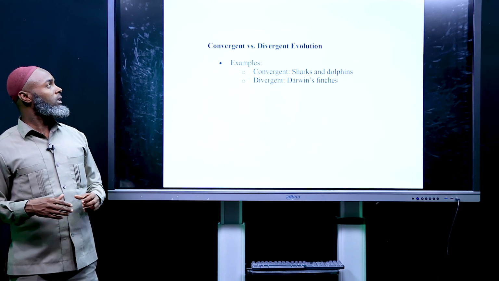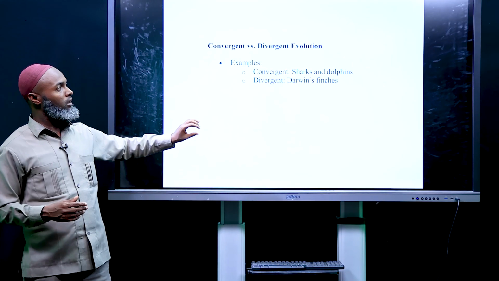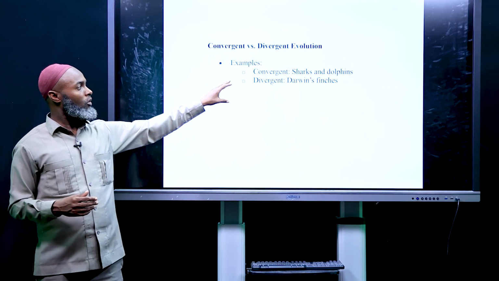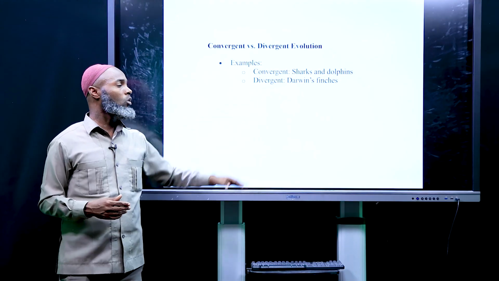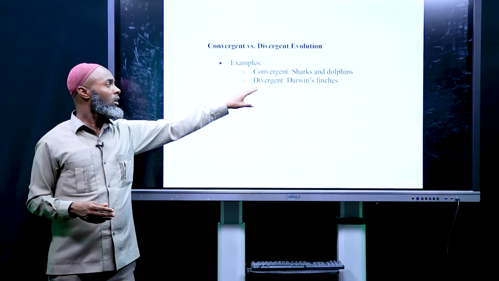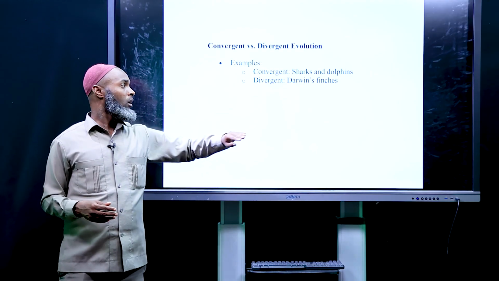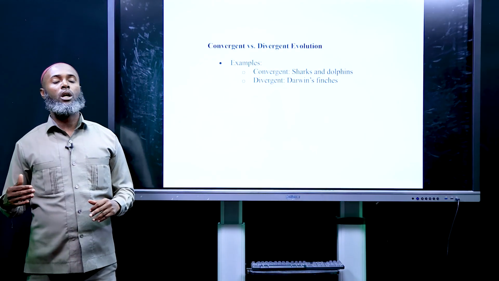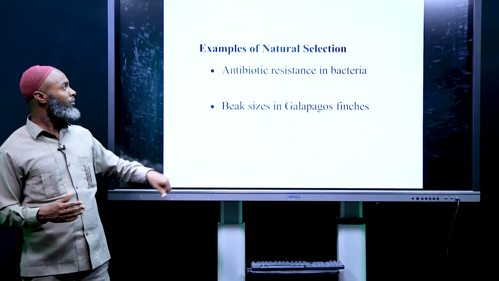Now, comparing convergent and divergent evolution with examples, convergent evolution is seen in sharks and dolphins, whereas divergent evolution is seen in the case of Darwin's finches.